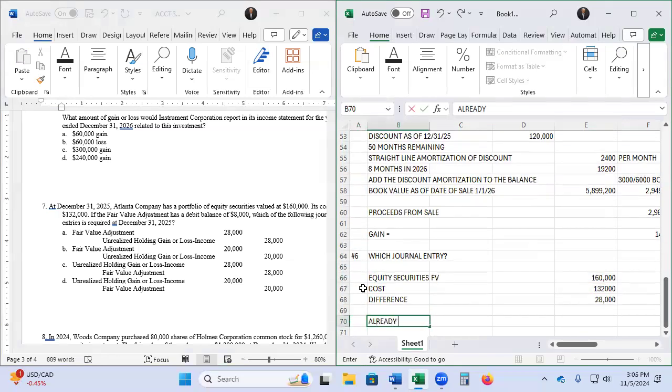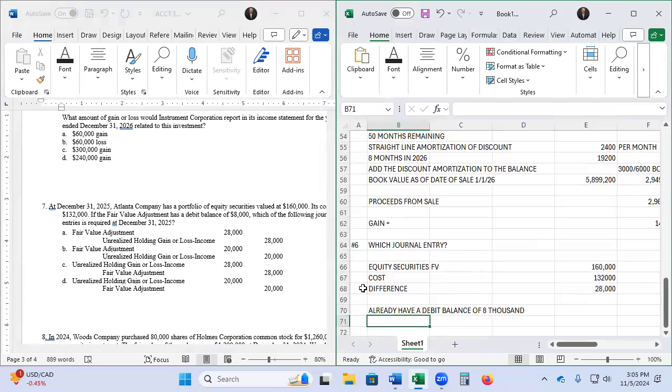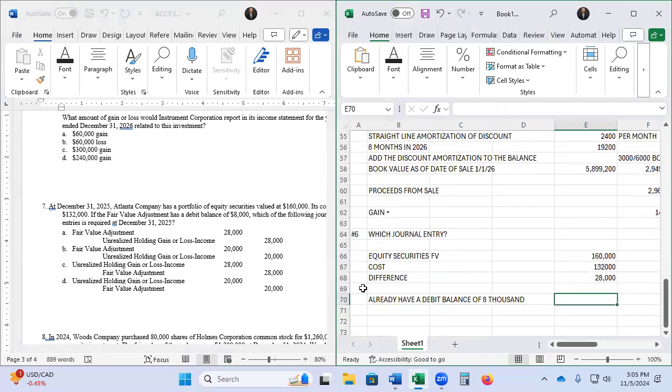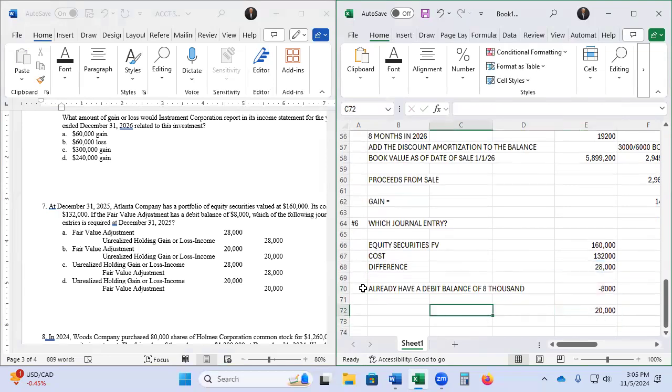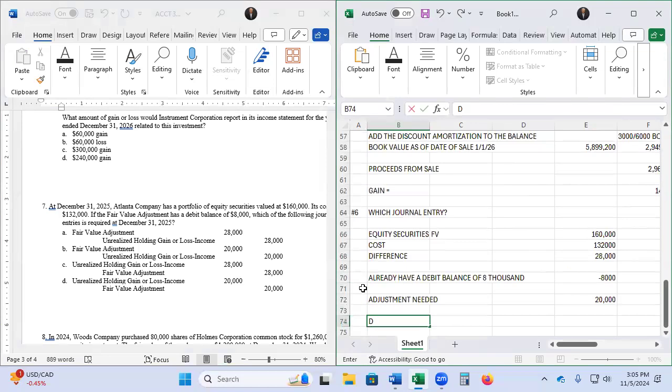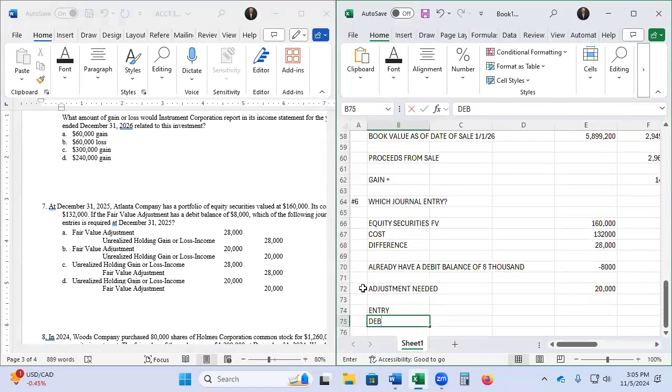But we already have a debit balance of 8,000. So minus 8. And so this is our adjustment needed. And so our entry is going to be a debit.